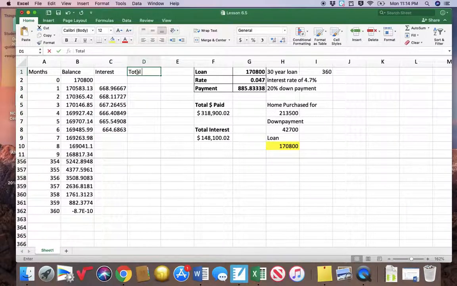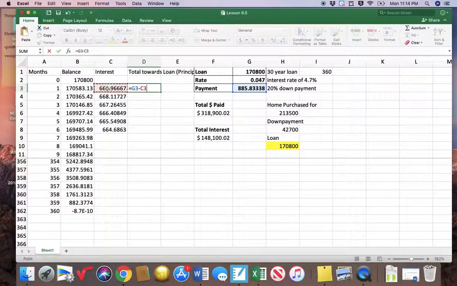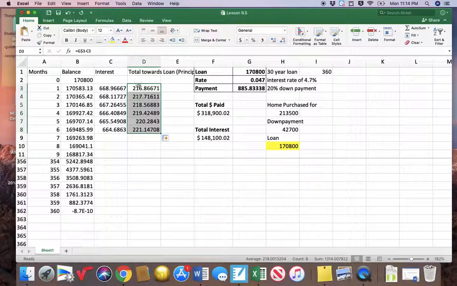So the total towards the loan, like his principal, as it's sometimes called, is equal to the payment that he's making minus the interest. And if I want to drag this down, the payment's not changing at all. So I want to take the payment minus the interest each month, and you can see how much is actually going towards paying off the loan.